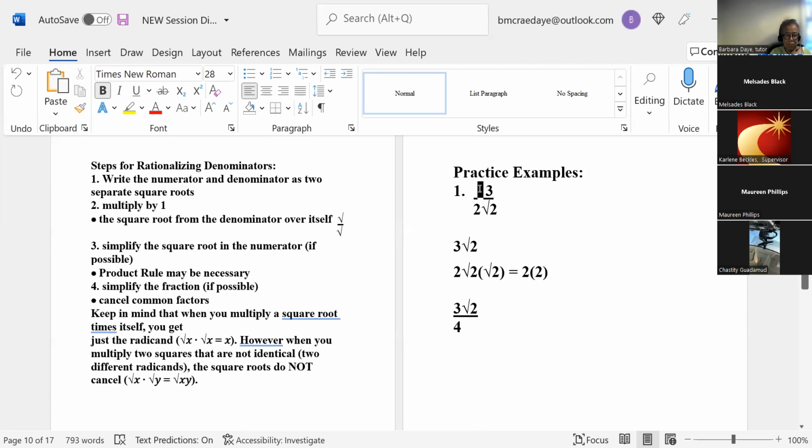Now let me just put it together. So what we're doing is we're saying multiply this. I'll put square root of 2. Numerator times square root of 2. Put that there.